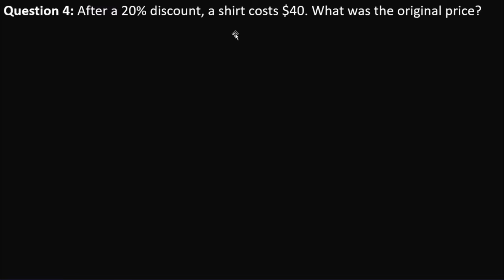So after this, here is question number 4. After a 20% discount, a shirt costs $40. What was the original price? So here after 20% discount, the shirt costs $40, and 20% discount means we need to think like this way.